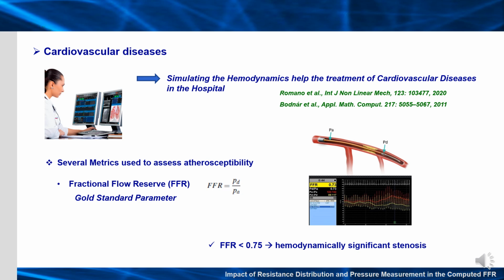The procedure for its measurement consists of inserting a pressure wire into the stenosed coronary vessels and measuring the aortic pressure value, PA, and the pressure distal to the stenosis, PD, along the cardiac cycle. Thus, the FFR value is calculated by the ratio between PD and PA. An FFR lower than 0.75 indicates a hemodynamically significant stenosis that induces ischemia and requires revascularization.